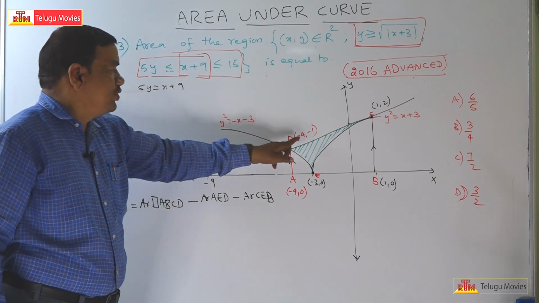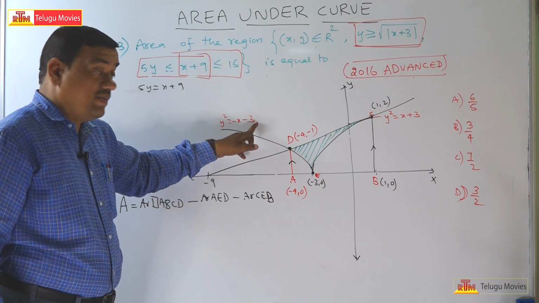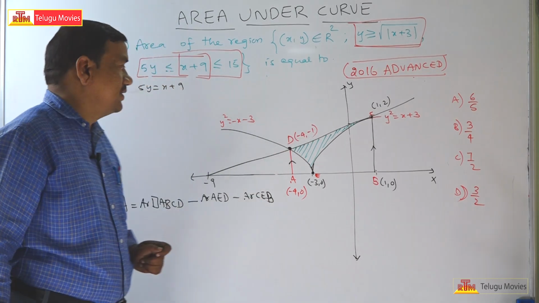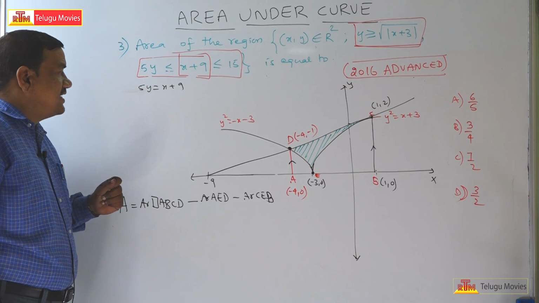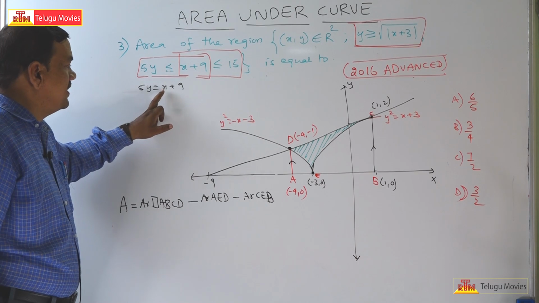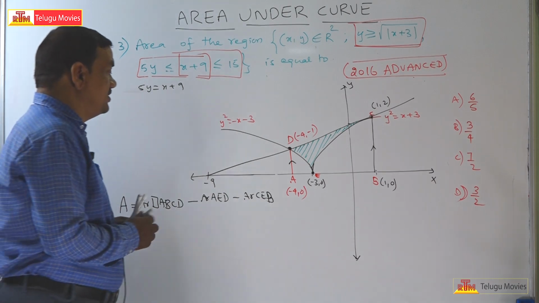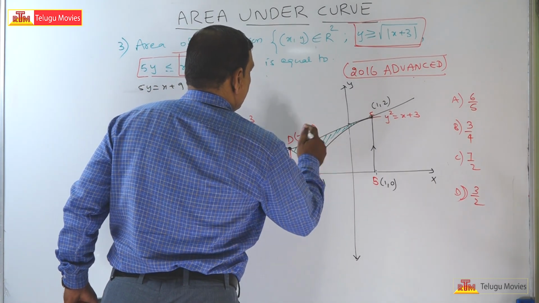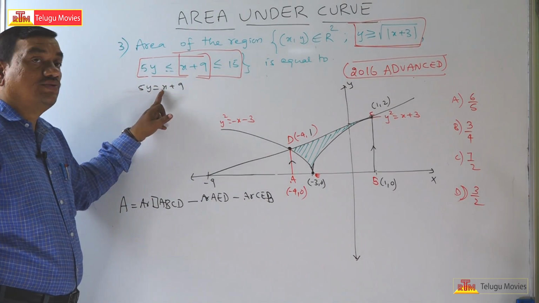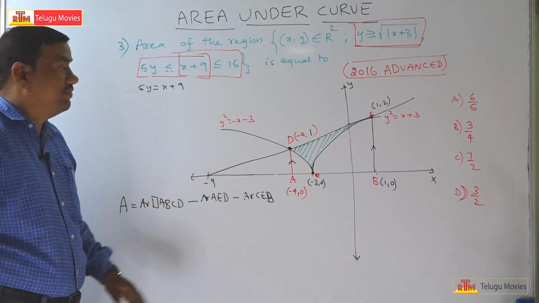Substitute x value minus 4: minus 4 plus 3 is minus 1, so y square is equal to 1, so y is plus or minus 1. The same point satisfies the line equation also. Substituting x is equal to minus 4 in x plus 9 gives 5, and y value is 1, so 5 is equal to 5, which is satisfied.